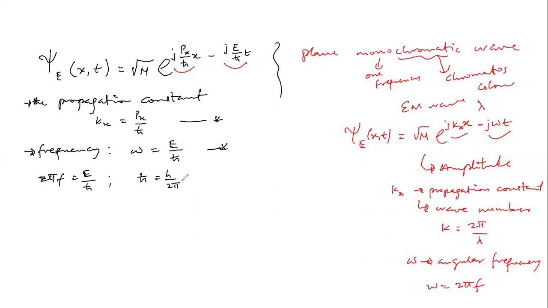Now, if we plug that in, we have 2 pi f is the same as E over H over 2 pi.